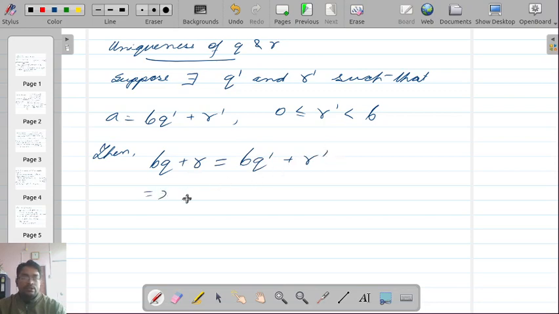So this implies B into Q minus Q dash is equal to R dash minus R, right?